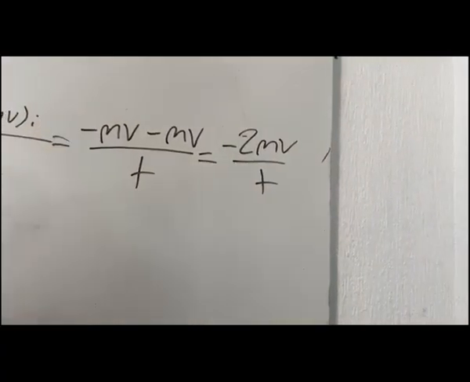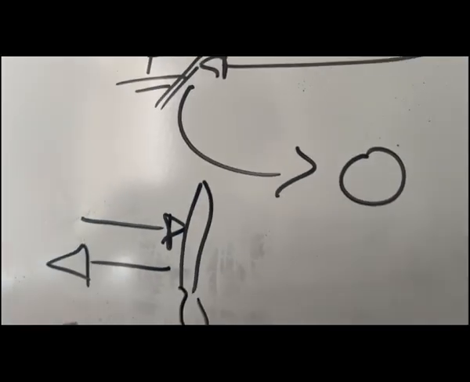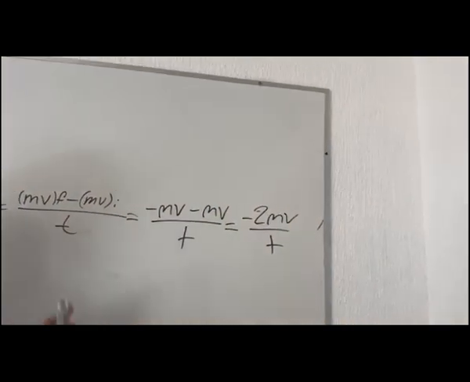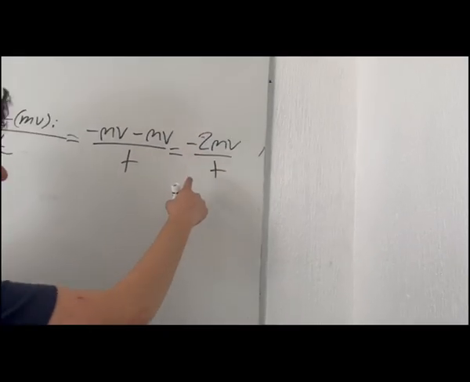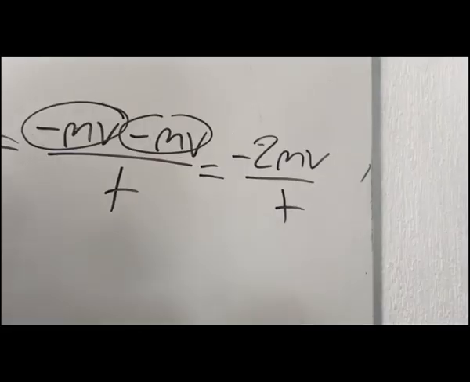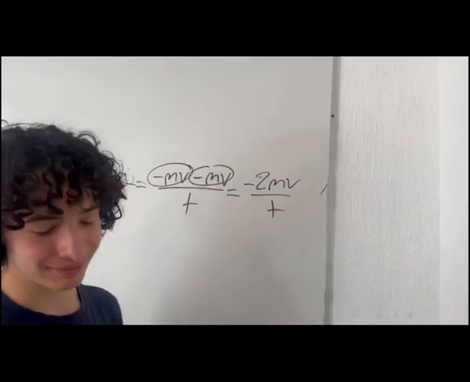This minus is because this is in the opposite direction, and the other minus is due to the formula. Then this is minus mv, it's minus 2mv.